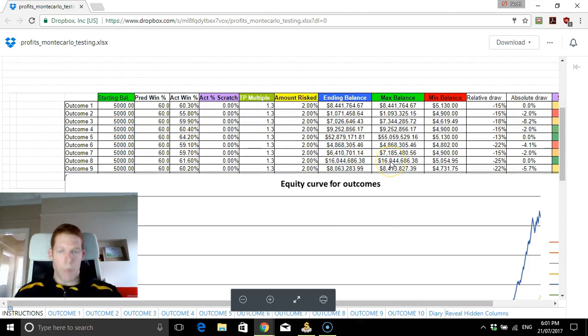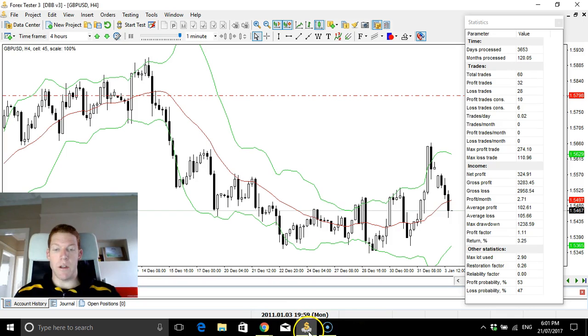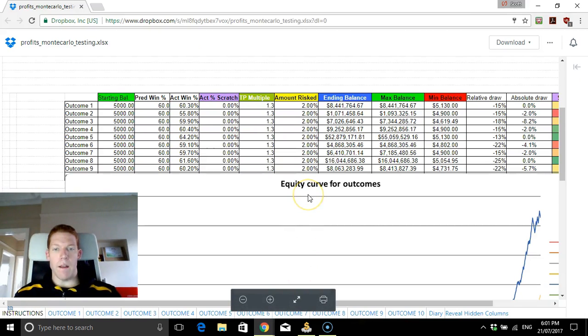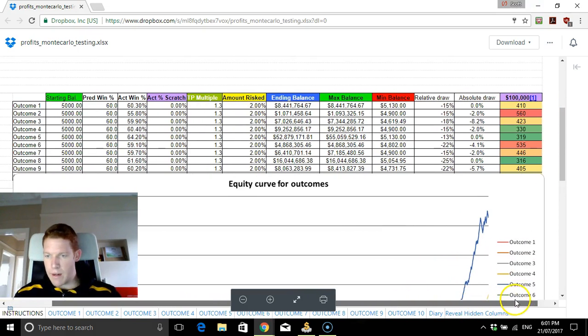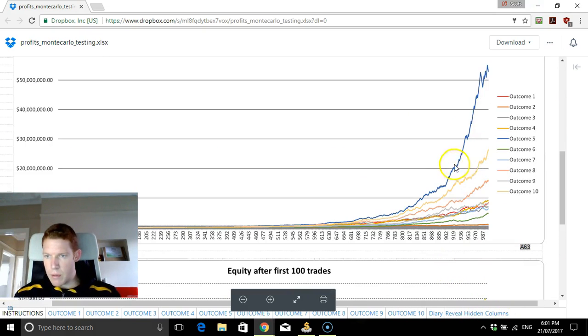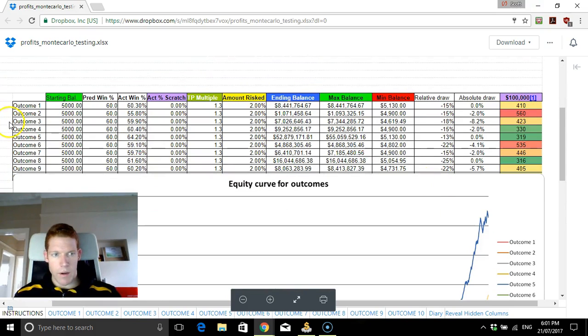So focusing on good quality trades is the key thing I'm seeing here, guys, and that's probably not what I did well when it came to this sort of test. So I'm definitely going to have to be a little more picky, because as I can see here and illustrated, it significantly affects the equity curve. So where was outcome 5? Outcome 5 was blue, and outcome 6 was green.